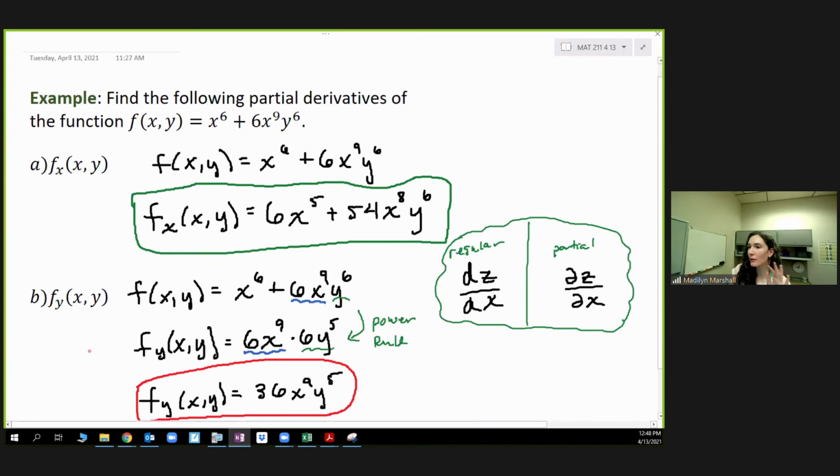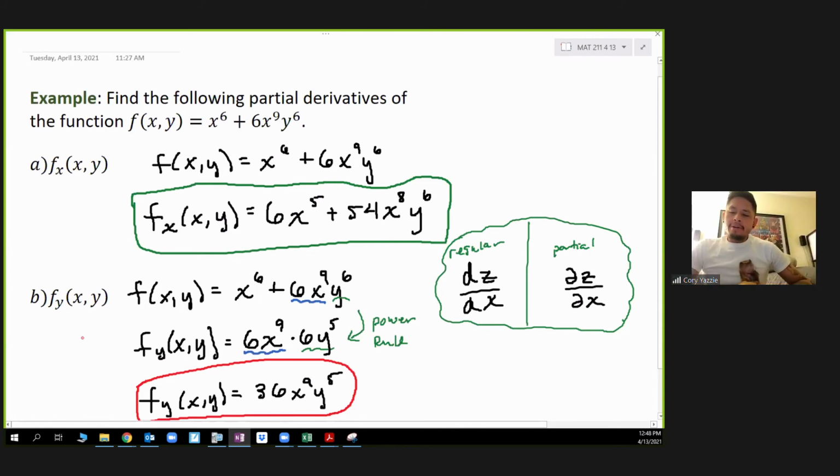So power rule is the only rule we have used so far. But it takes practice to get used to ignoring one of the variables and treating it like a constant.